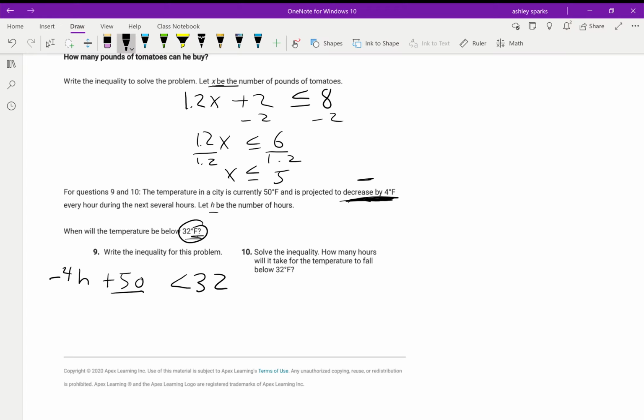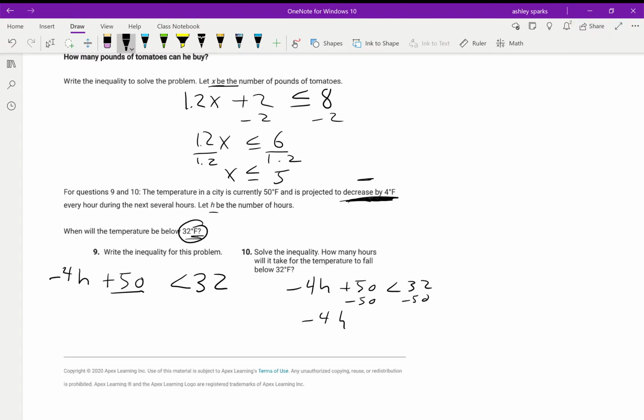And our last step would be to solve for when it hits below. So I get negative 4h plus 50 is less than 32. Subtract out that 50 from both sides. So when I subtract out my 50, I'm going to get negative 4h.